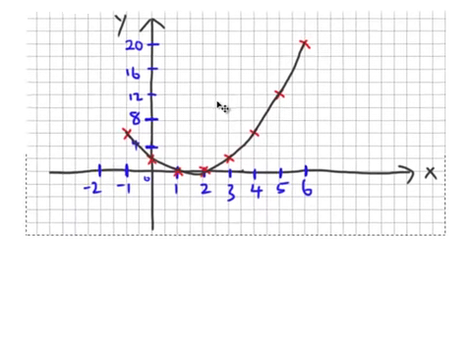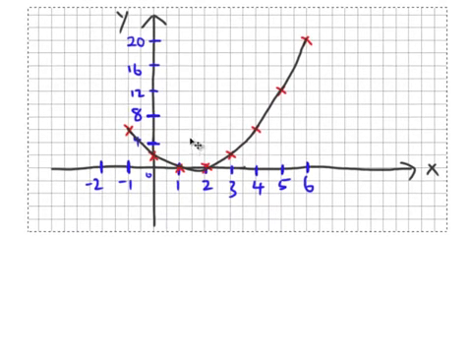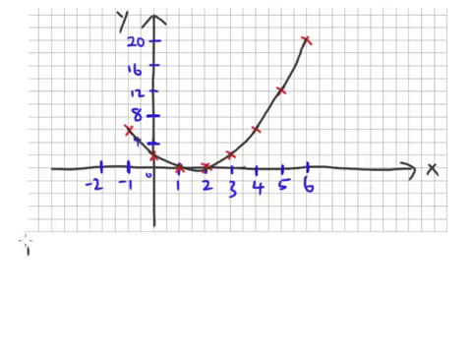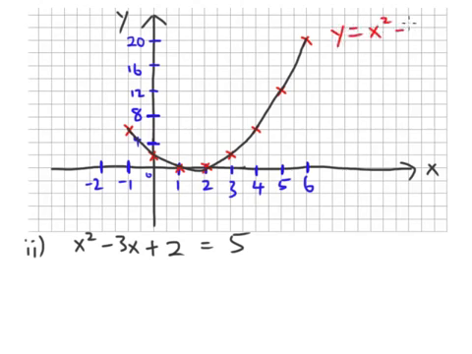So here is the graph. The next question is the same thing: draw a suitable straight line and solve the equation x squared minus 3x plus 2 equals 5. The original graph that we drew just now was y equals x squared minus 3x plus 2.